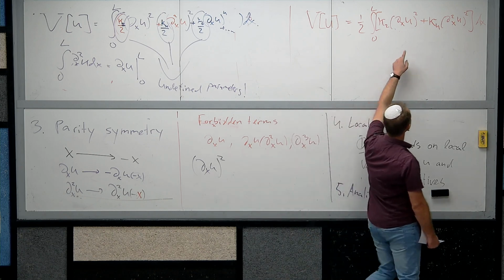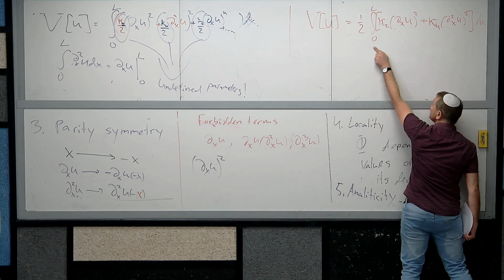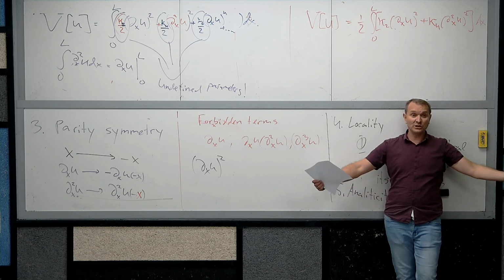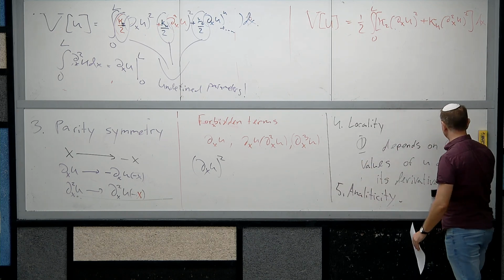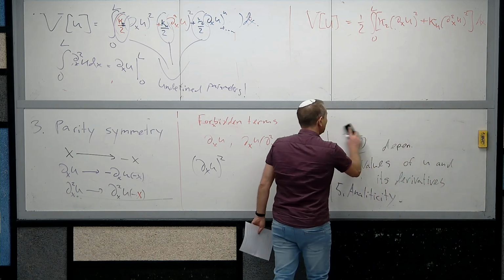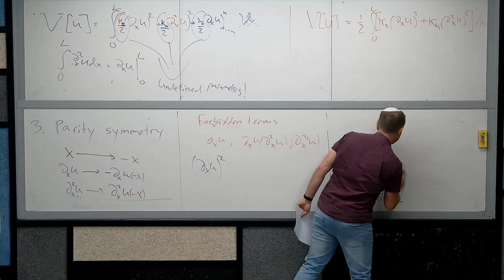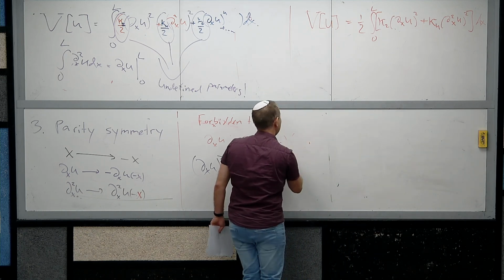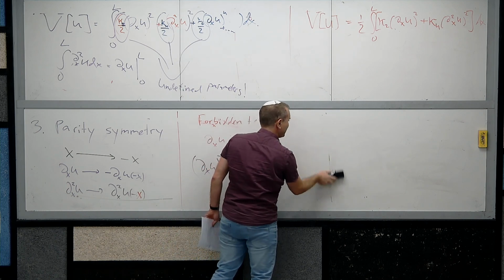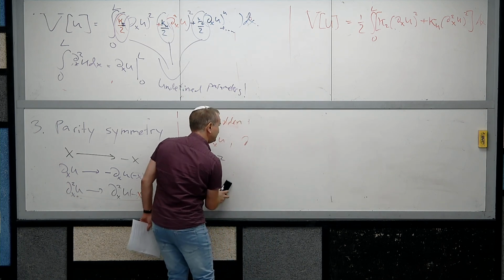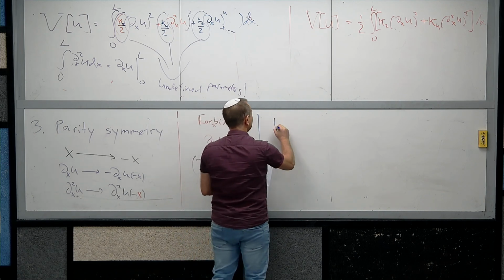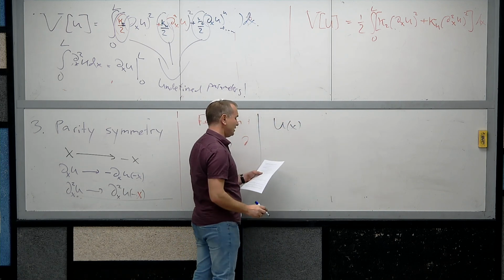I can use Fourier in order to describe this integral as some sort of a Fourier representation, or a representation in Fourier space. So what do we do? We perform the following steps. Okay. And the steps are, use u of x in its Fourier form.